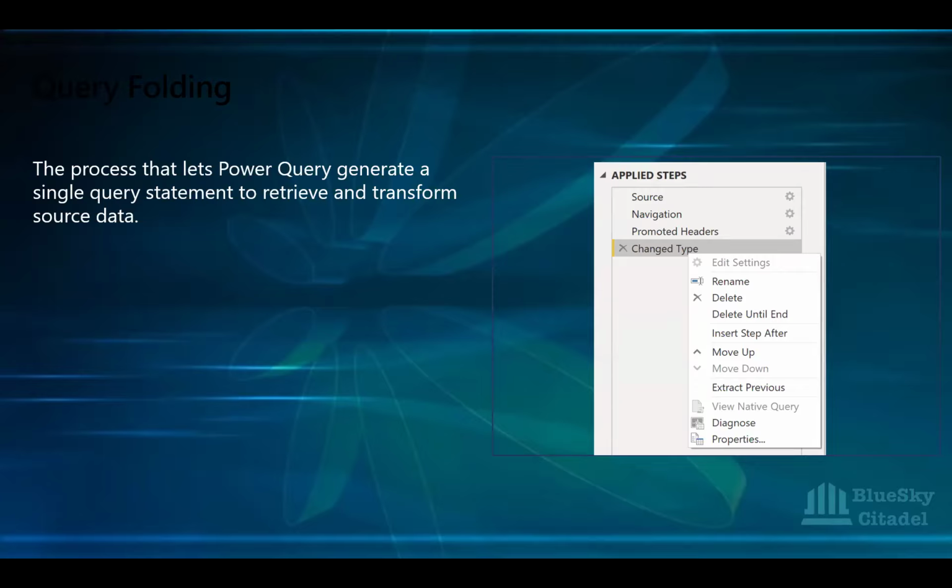Query folding within the Power Query editor helps you increase the performance of your Power BI report. Don't let me stress you, because you may not likely do some of all these things at the intern level.